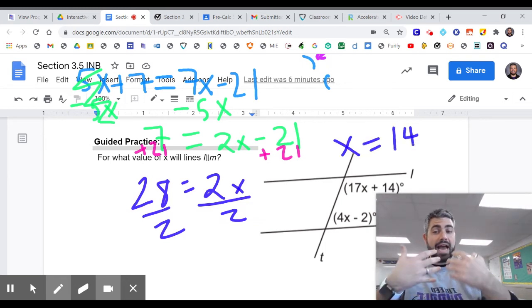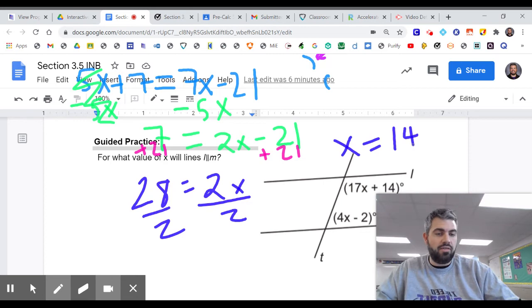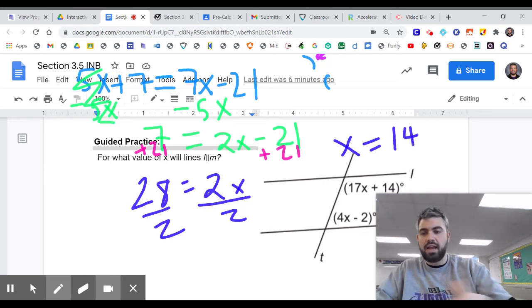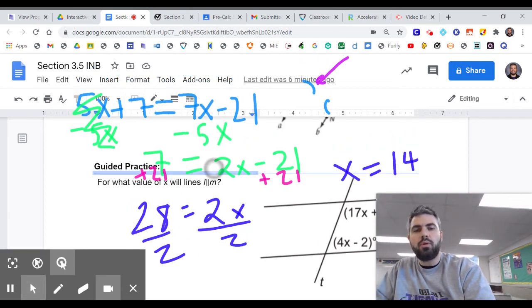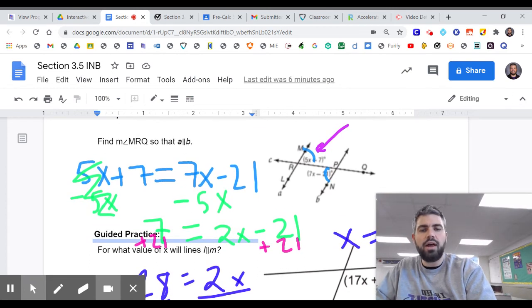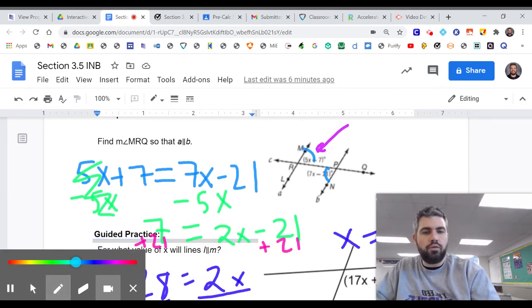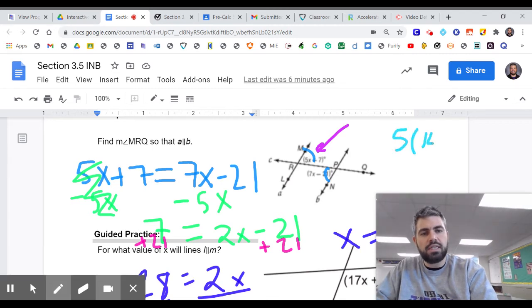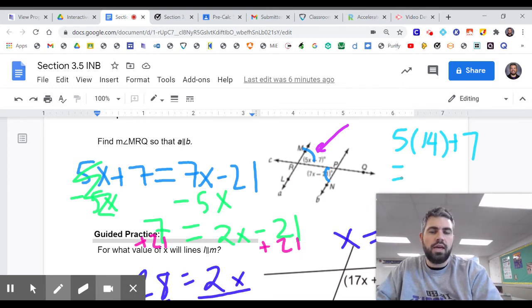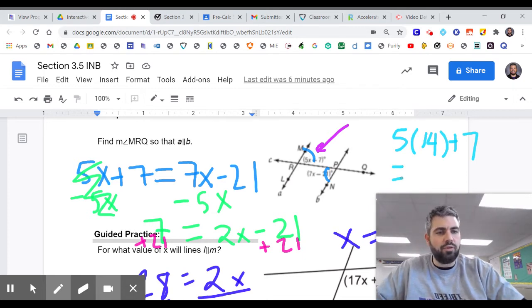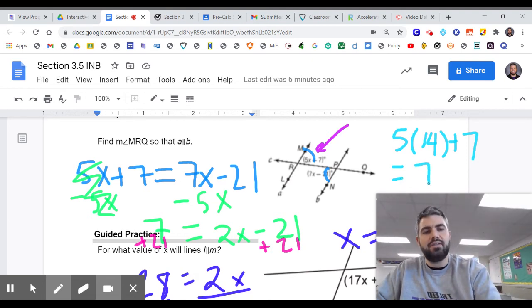Now, that's not what they were asking. They didn't ask for the value of x. They want to know what the measure of the angle is. So we have to go back to our problem and apply 14 in for x. So if we have 5 times 14 plus 7, I multiply 5 by 14: 5 times 10 is 50, 5 times 4 is 20, so 50 plus 20 is 70, plus 7 is 77 degrees.